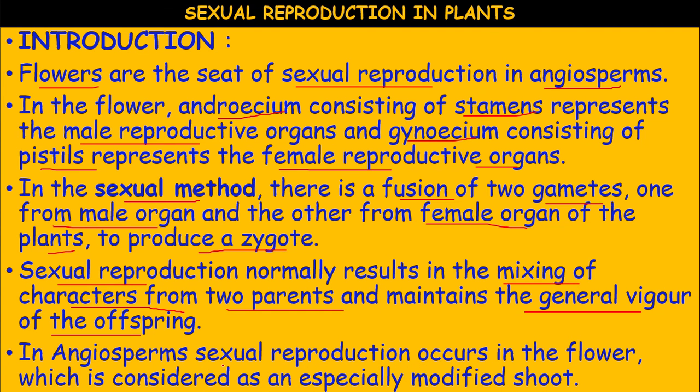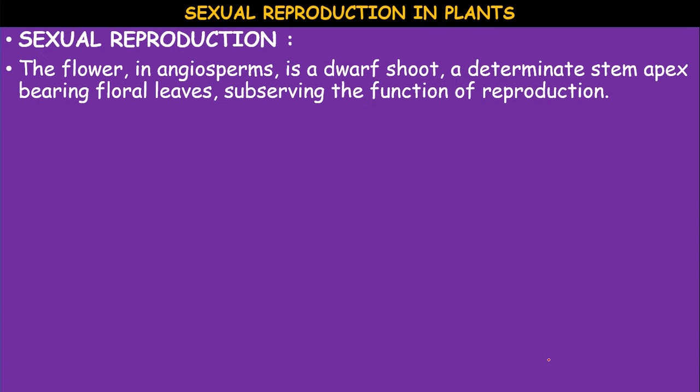In angiosperms, means in flowering plants, sexual reproduction occurs in the flower, which is considered an especially modified reproductive shoot. The flower in angiosperms is a dwarf shoot. Dwarf means short.